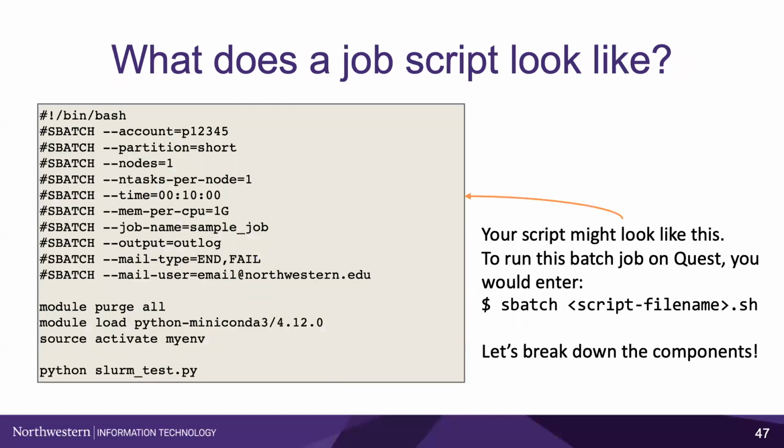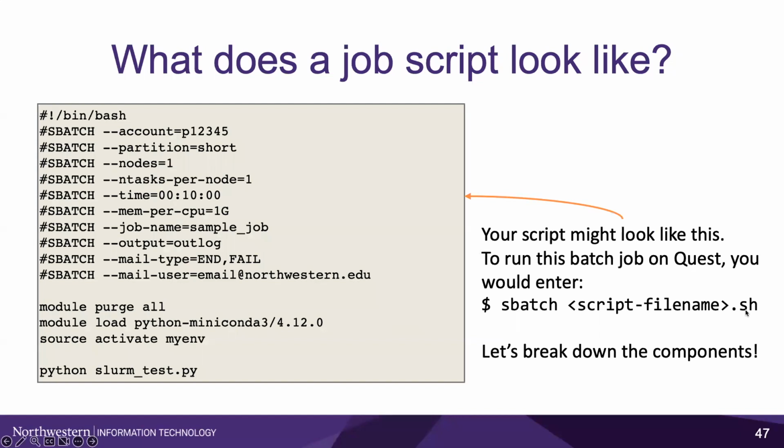All right, so here on the left-hand part of the slide, I'm showing you what your job script might look like. I know this is a lot, you don't have to worry about the details right now, but basically your script will look something like this. And as I wrote on the right-hand part of the slide, in order to submit this batch job on Quest, you will be entering sbatch followed by the script file name.